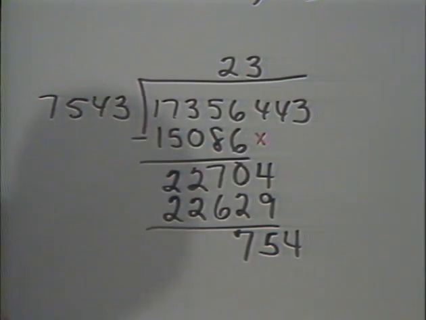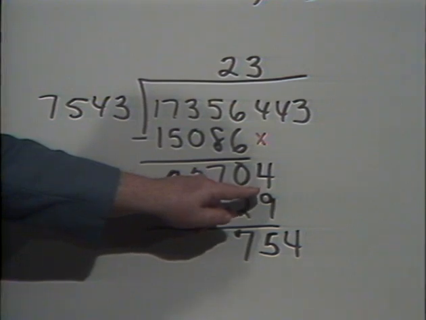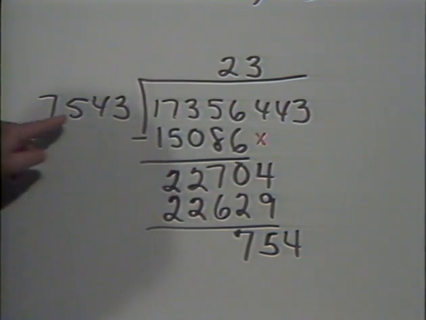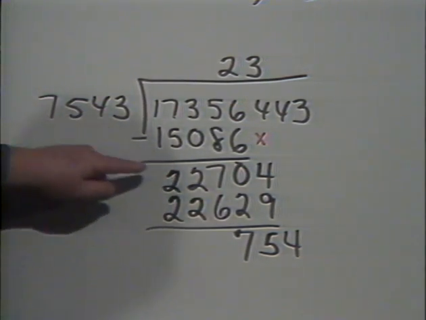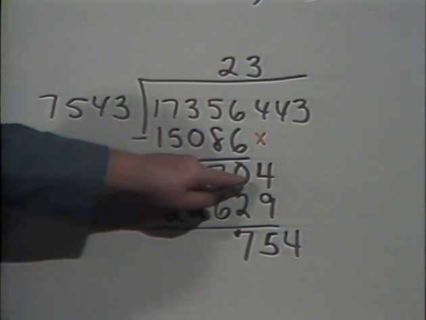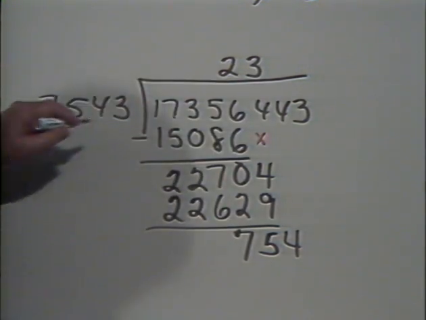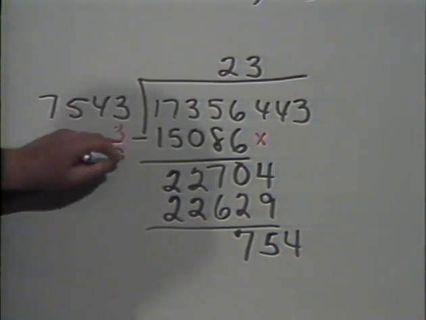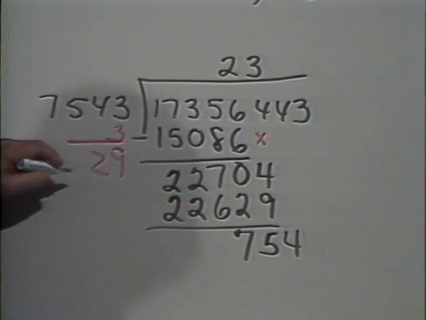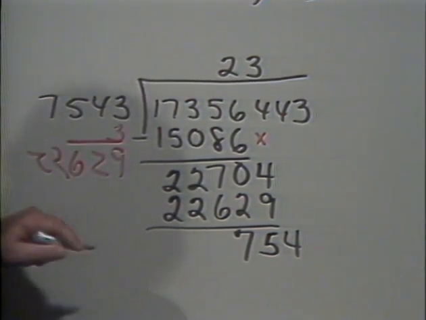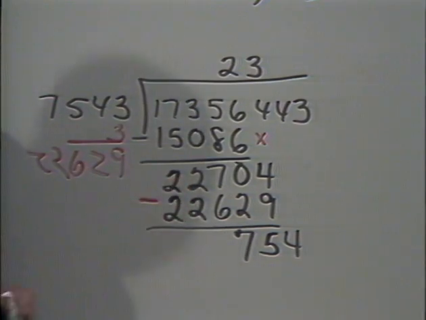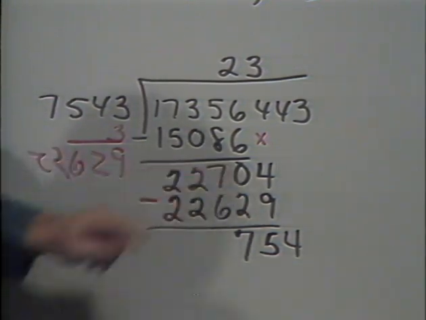Then I bring down the 4. I see that when I bring down the 4, I guess that 7,543 goes into 22,704 3 times. So I multiply by 3. 9, 2 carry the 1. Okay, 6 carry the 1, 22. I subtract the 22,629 from this number here.